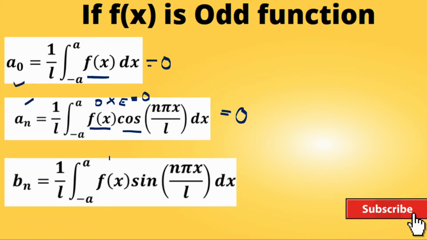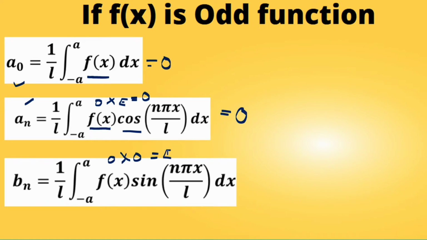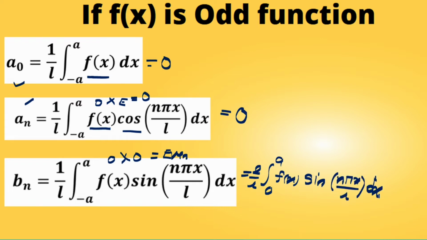What about the bn? Here f of x is an odd function, sine is an odd function, then the product of odd into odd is even. So if the integral's content function is even and the integration is minus a to a, that means this integral is 2 by L integration 0 to a of f of x sin n pi x divided by L dx.